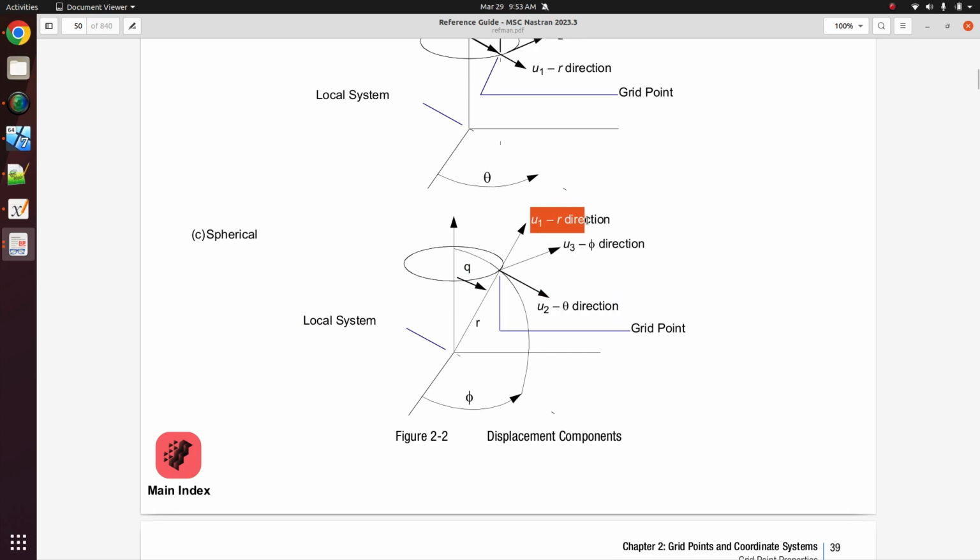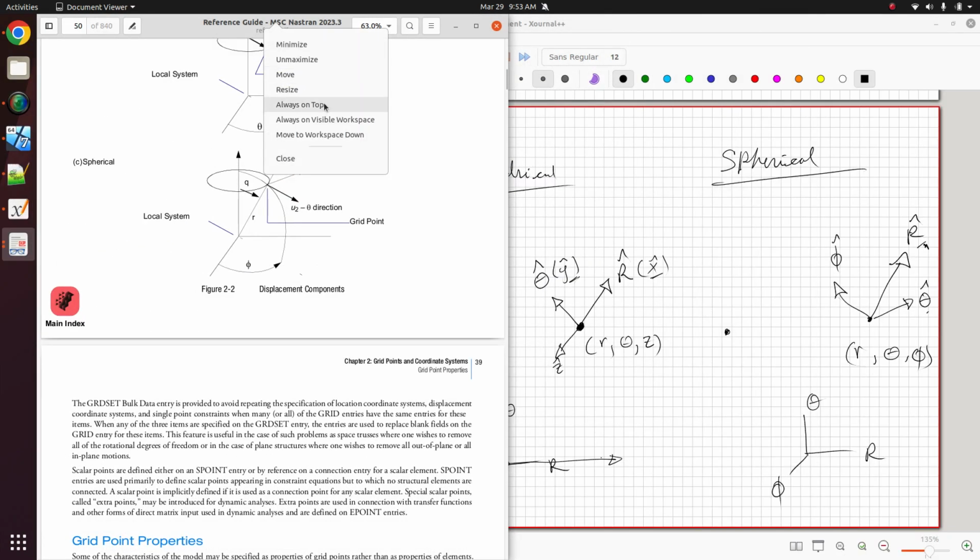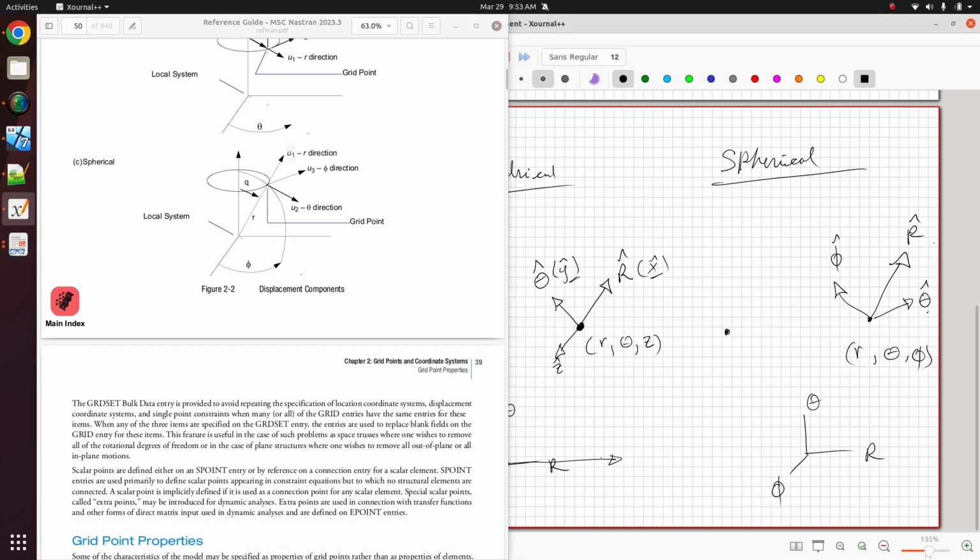So here, if you look at the r direction, this would be your first component. So this would be the x. Let me go ahead and put this side by side. So this r component would be x hat. And then the second component would be the theta hat. So here, let's go ahead and write y hat here. And then for phi, that would be z hat.